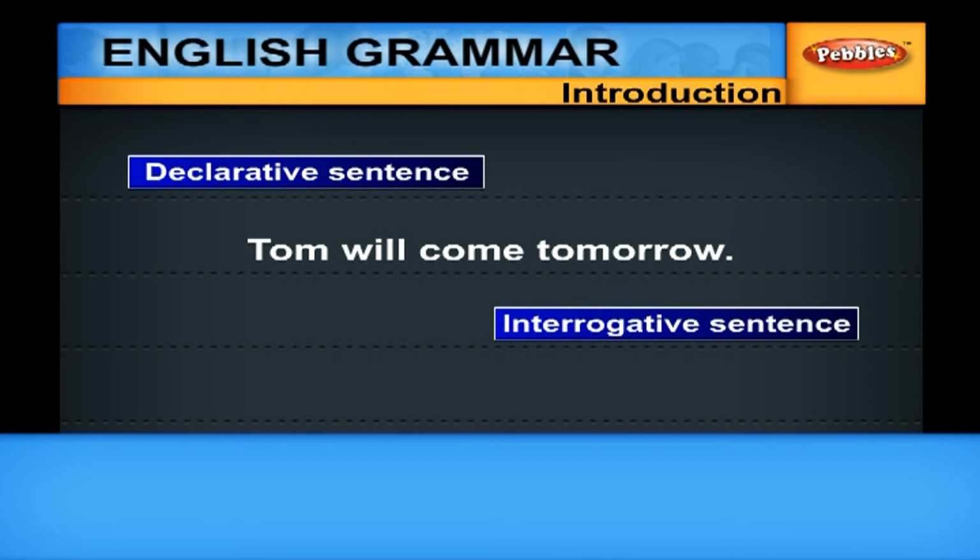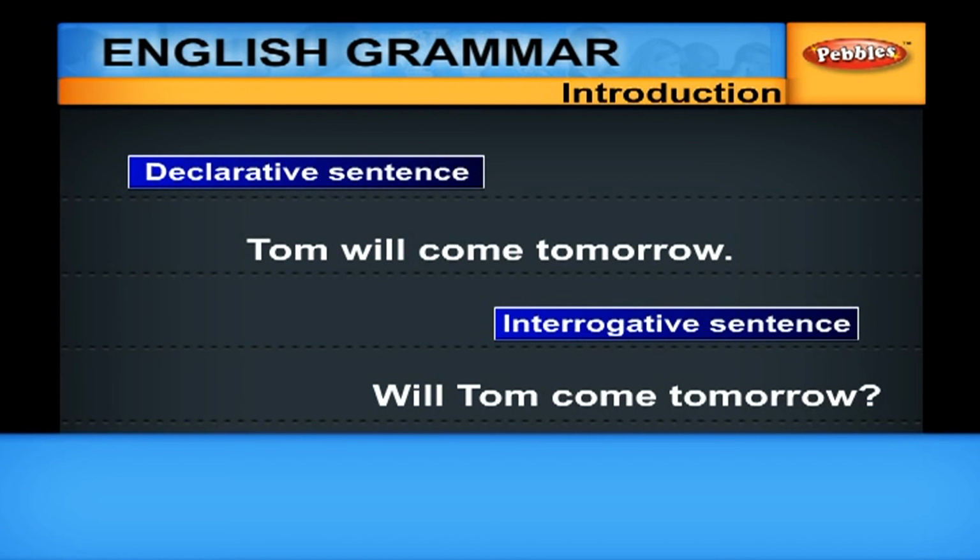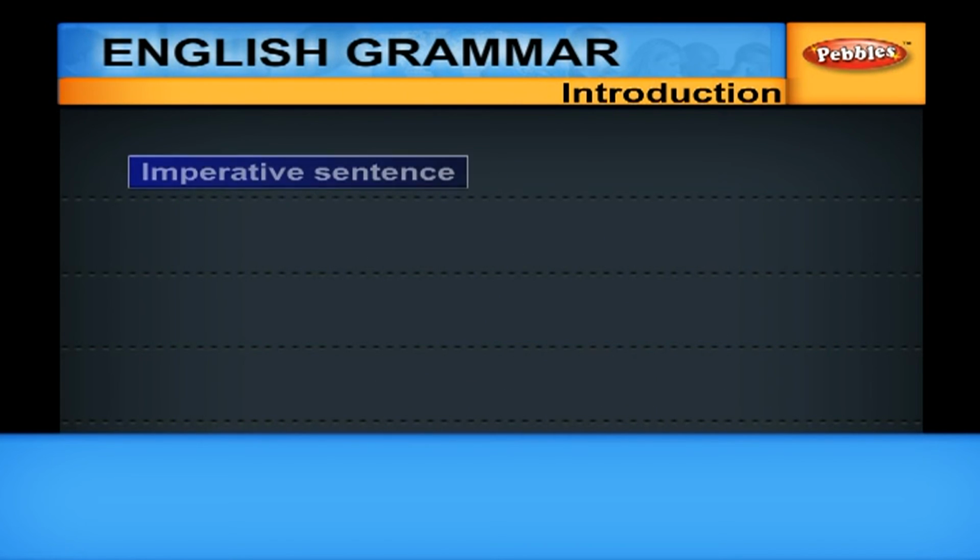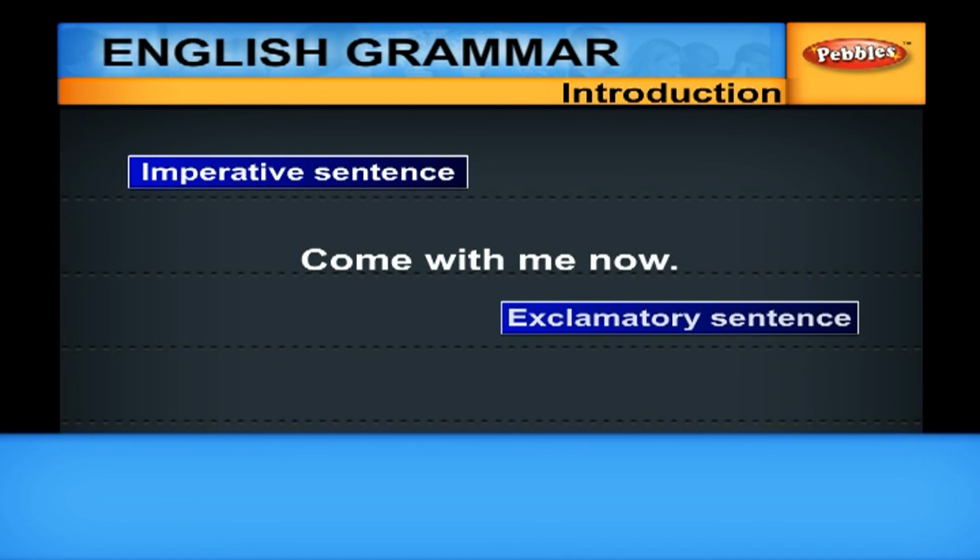Example: Will Tom come tomorrow? It can be an imperative sentence, orders or directives. Example: Come with me now. And it can be an exclamatory sentence. Example: What a wonderful place!